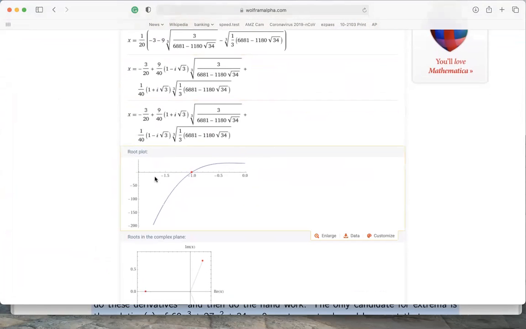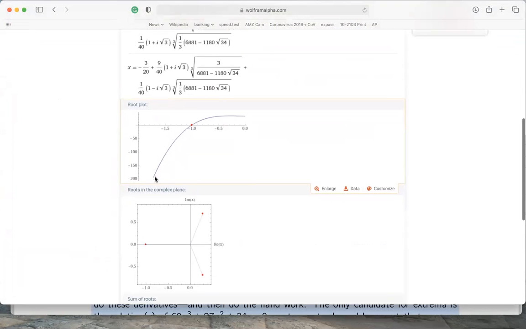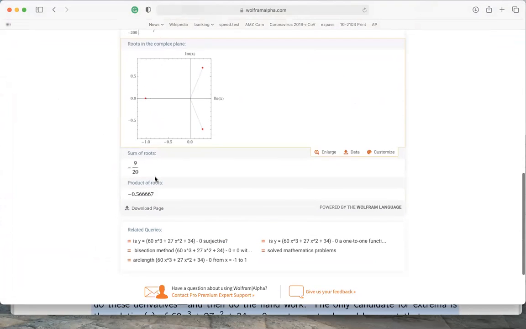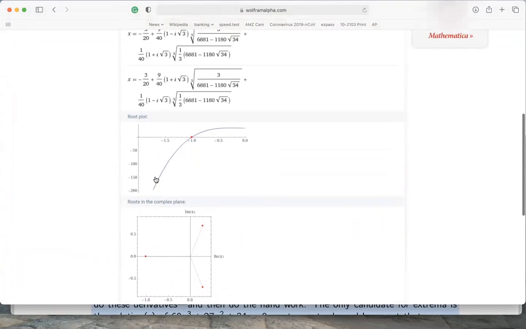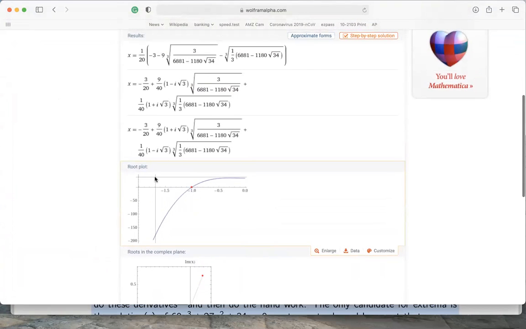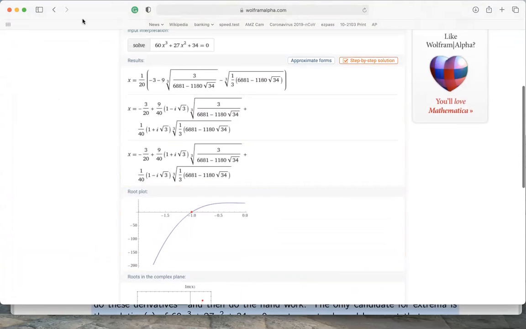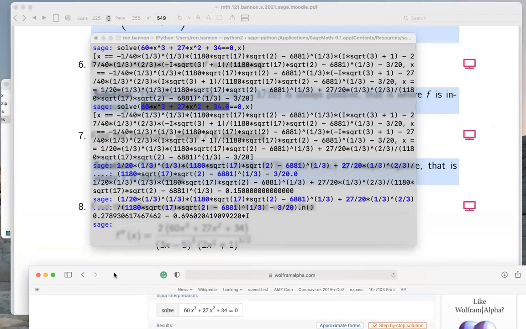Gives me all those things over there. Well, it's all over the place. Product groups, sum of roots. Boy, it looks like everything is complex. All right, everything's complex.